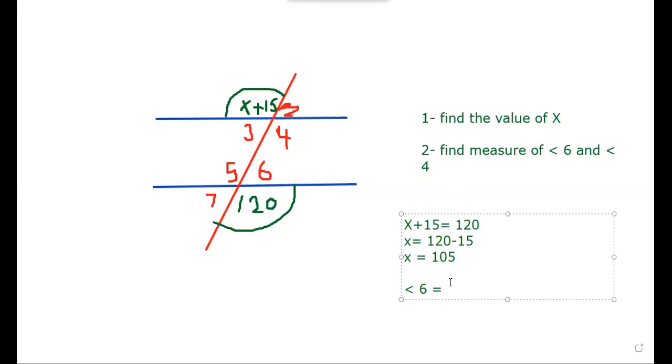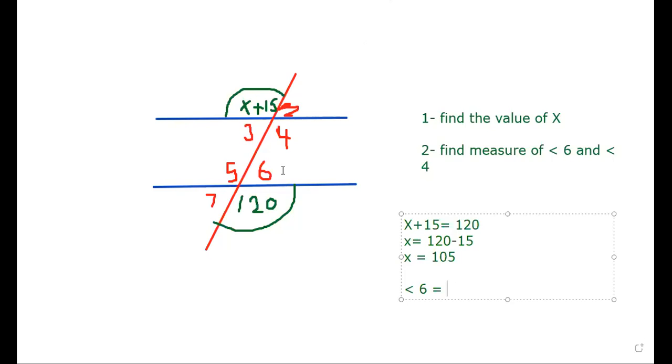Angle 6 will be equal to 105? No, I'm sorry. It will be equal to angle 2.